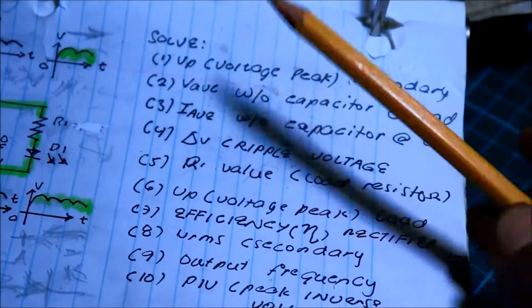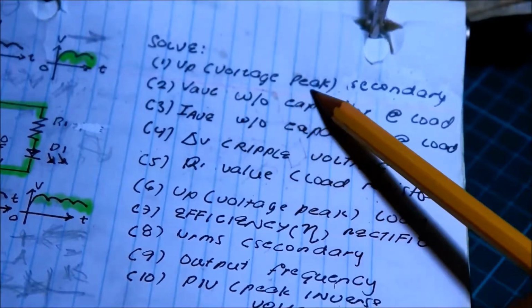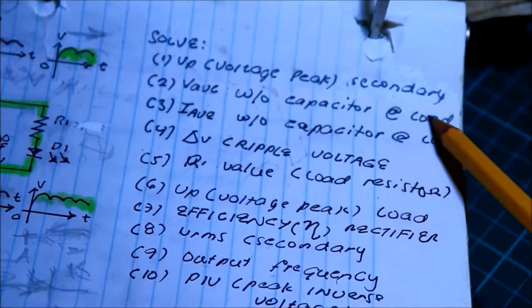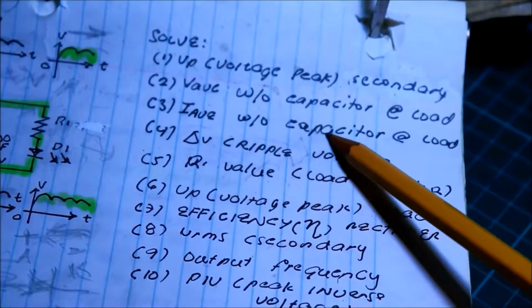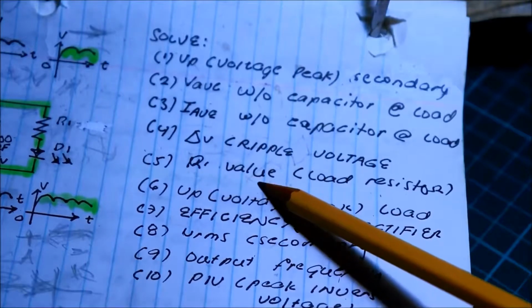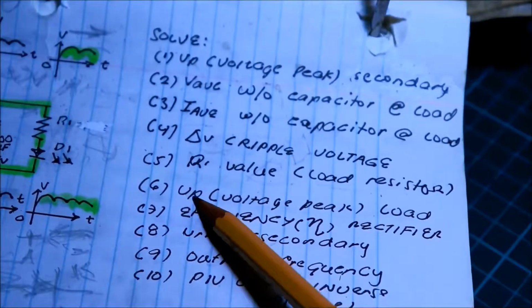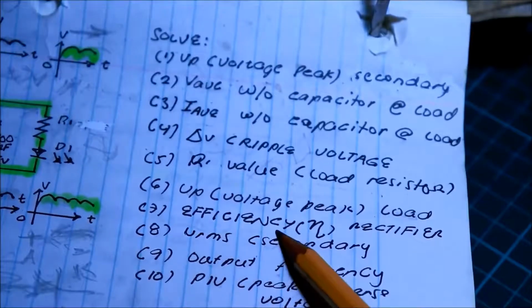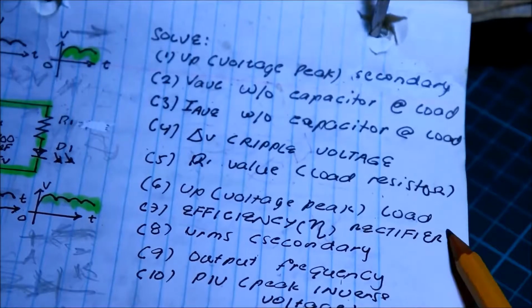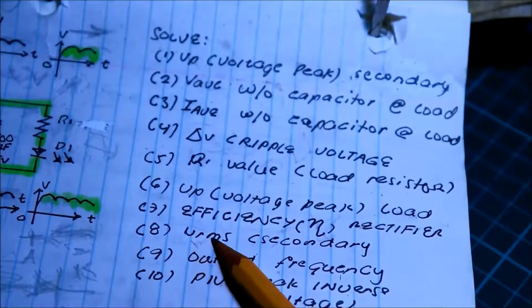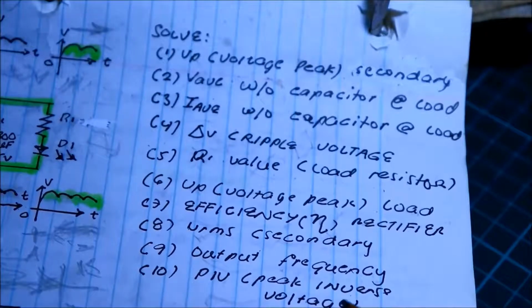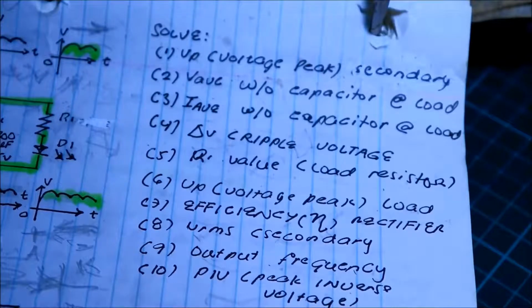We're going to solve for the voltage VP, voltage peak at the secondary, voltage average without capacitor at the load, current average without capacitor of the load, ripple voltage delta V, R1 value of the load resistor, VP, voltage peak of the load, efficiency eta (the Greek symbol) of the rectifier, voltage RMS of the secondary, output frequency, and then the peak inverse voltage of the rectifier.